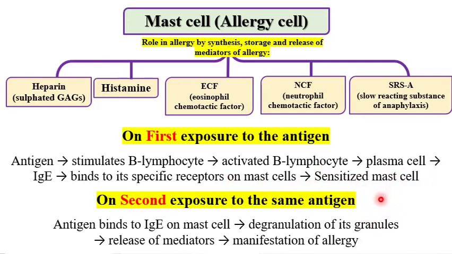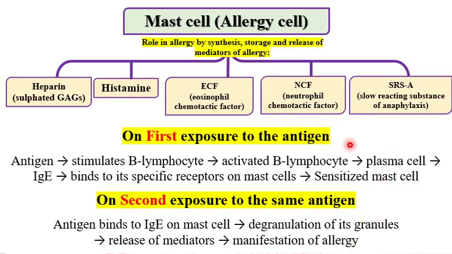The antigen will bind to this cell, leading to degranulation of its granules. Its granules contain these mediators, which leads to release of the mediators and appear as a manifestation of allergy. So allergic reaction doesn't happen from the first exposure, it happens from the second one.